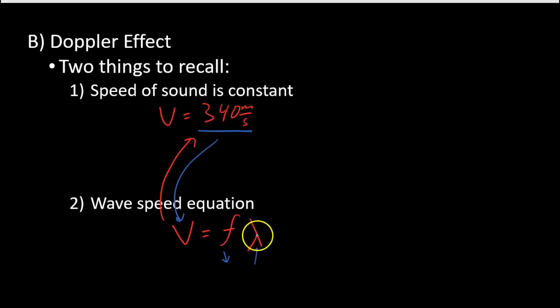So when one of these values goes down, the other goes up. If you know the wavelength of a sound wave is getting smaller, that must mean that the frequency is getting bigger. That's the only way that I could have a constant value. So now we have this inverse relationship between frequency and wavelength. When one goes up, the other must go down. That's using the wave speed equation and the fact that the speed of sound is constant.